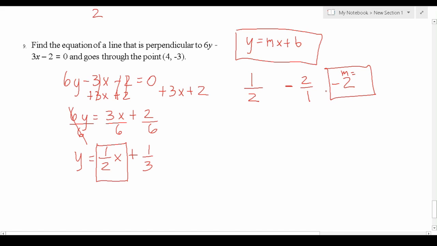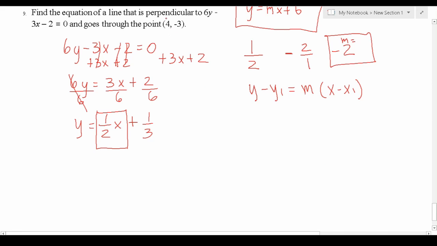And now we're moving on to number 2 above to solve this one. And if you recall, we have two options. We can plug the point as well as the slope into the point slope equation and solve for y to write the new equation of the line. So that's what we're going to do. Again, the point slope equation is this: y minus y1 equals m times x minus x1.